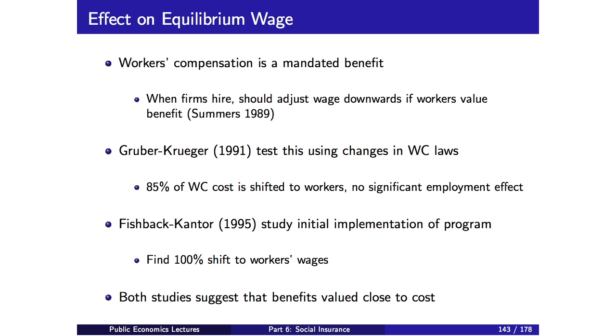And so wage drops 1 for 1 and employment doesn't change. And then there's another study by Fishback and Kantor who studied the initial implementation of the program. So this is a historical paper using data around the 20s when the program was implemented.